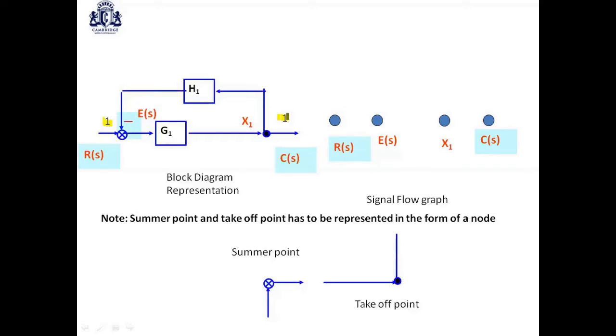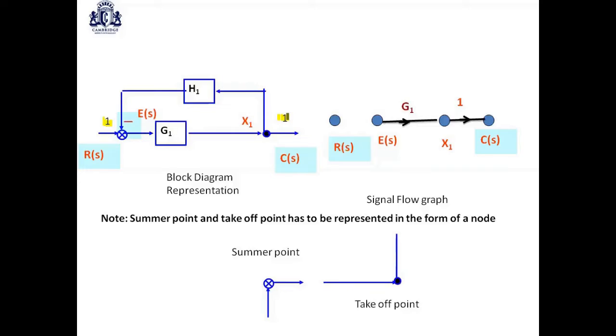Now we have to transform this block diagram representation into the signal flow graph. So if you look into the block diagram, from x1 to C(s), we have a branch which is moving towards C(s) from x1 with a branch gain 1. Then if you look into the node x1, we have only one incoming branch from E(s), which is having a branch gain of G1.